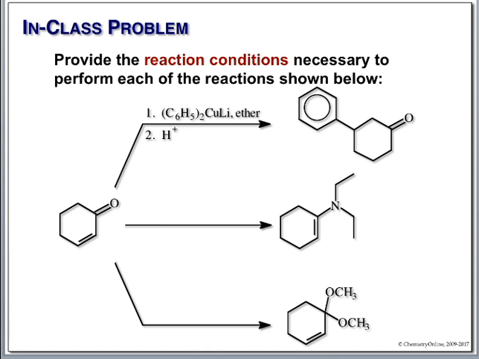What's this strange thing that looks a little bit like a spider, except it's busy a set of legs? But what is it? It's an enamine, isn't it? Alkene and amine. Enamine. How do we make enamines? Take a carbonyl compound. We're going to add a secondary amine.